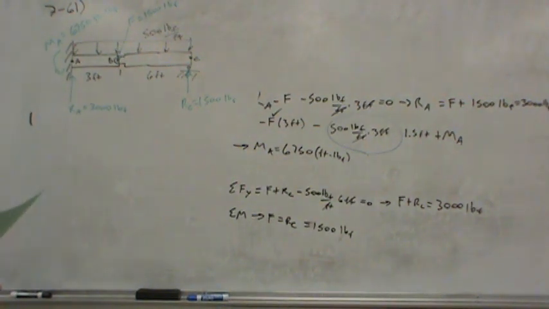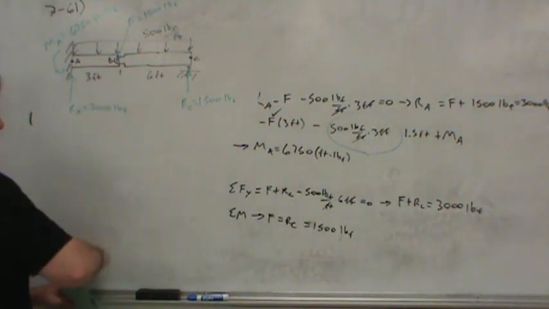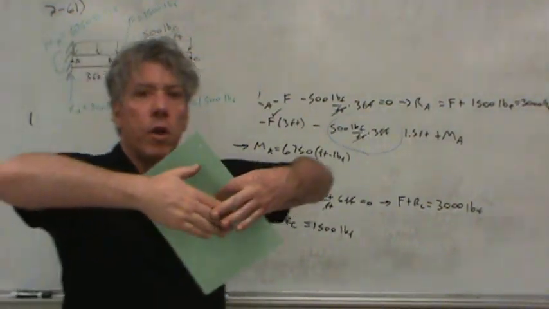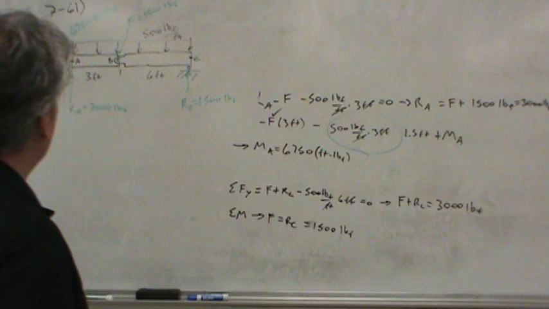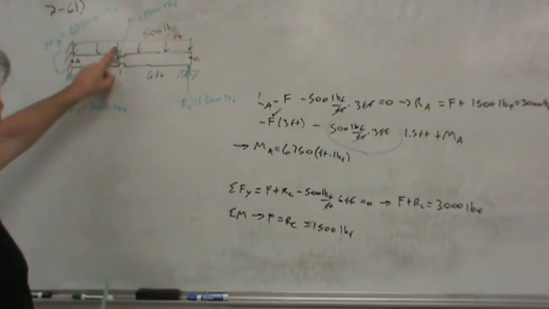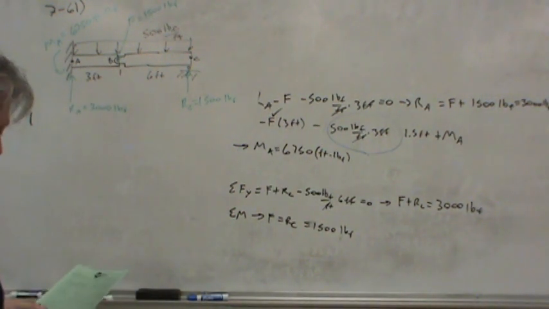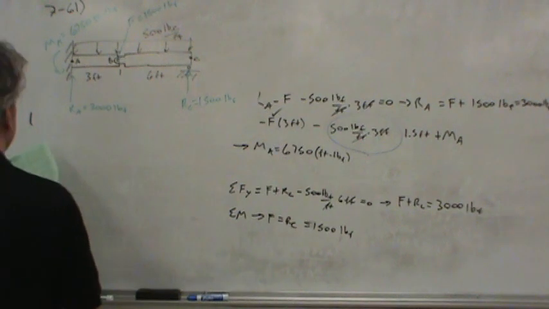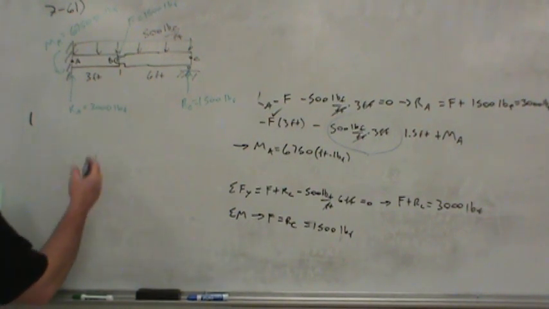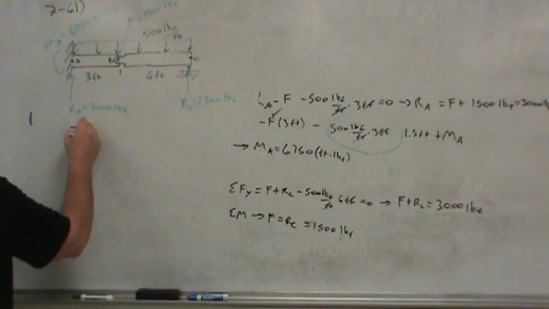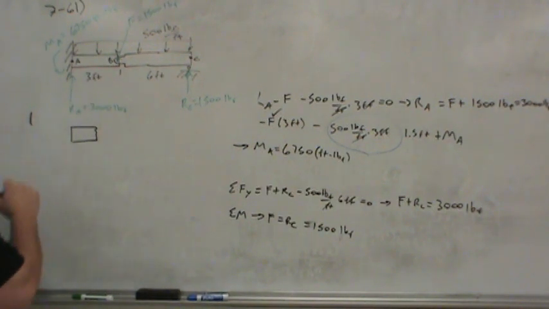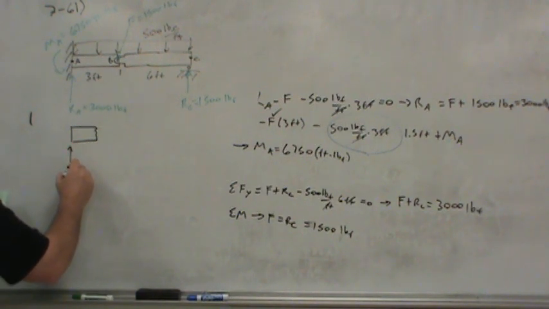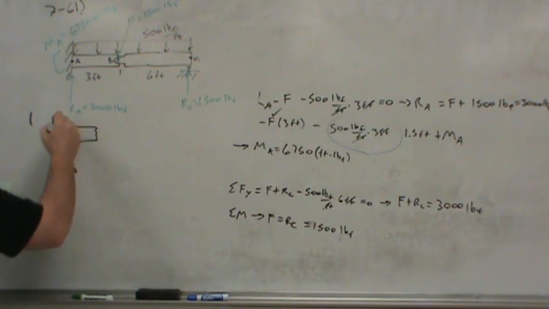Notice something interesting about this problem. This pin means that the beam can have no moment at that point because it can simply pivot. So we know the moment has to go to 0 at point B. But let's start off by taking a free body diagram of a beam segment where we have cut the beam well before we get to B. Now, obviously we have RA acting on it, MA acting on it.